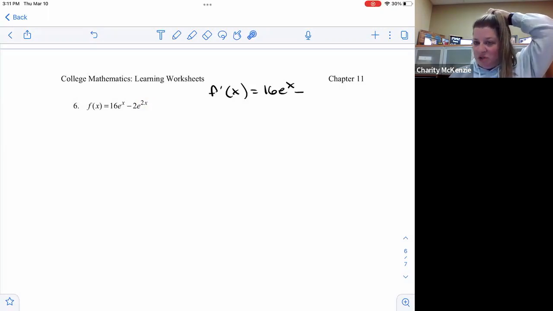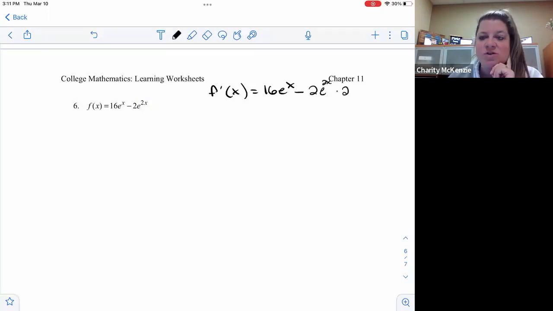So what's the derivative of 2x? 2. So the derivative of this exponent is 2, so we have to multiply by a 2. So we'll still have 2e to the 2x, but then I have to multiply it by the extra 2. So I'm going to simplify this, and we'd write it as 16e to the x minus 4e to the 2x.